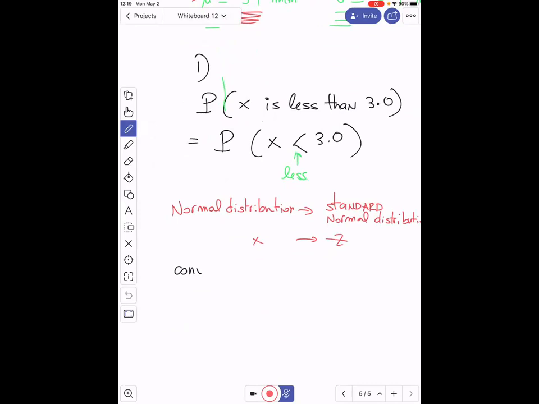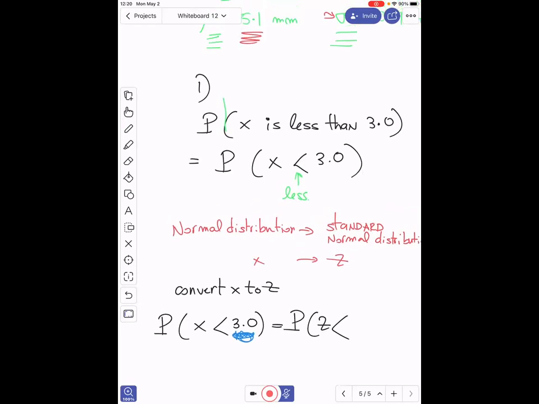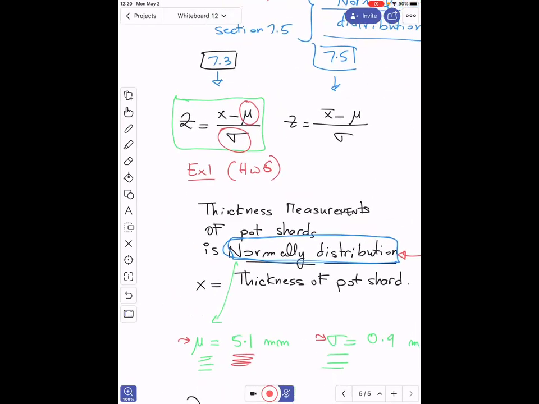The probability that x is less than 3.0, you want to use z now instead of x. This 3.0 is a value of x, and you want to convert this value of x to a value of z. To do that, we need to use this formula right here.